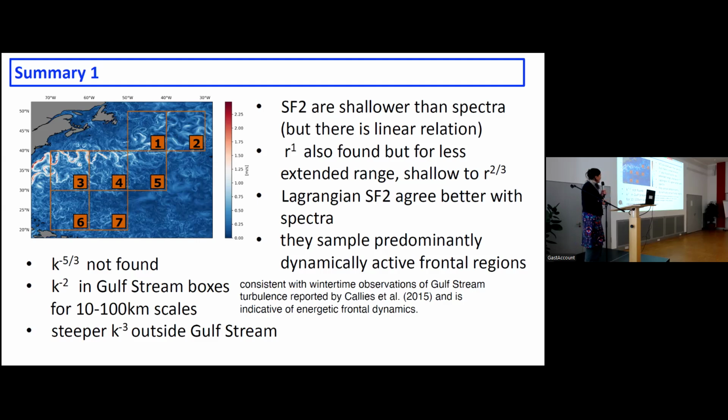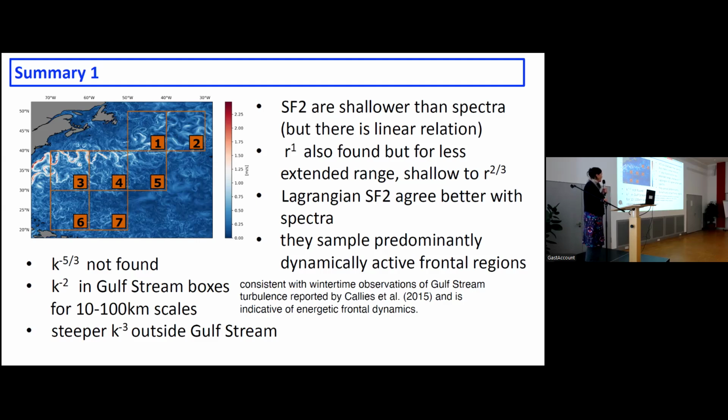And even in the structure function framework, you can show that, imagine you have an area where you have a random distribution of sharp fronts, then you can show that the probability of a drifter crossing a front increases with separation of drifter pairs.